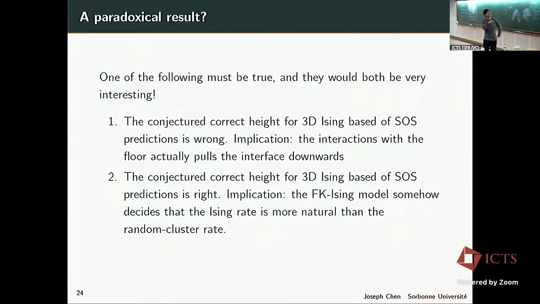I believe, personally, the first case is true, that this interaction term from the floor really pulls you down, simply because I don't see why this model should spontaneously pick out one of the 2 models as being more natural. But I can give you more details later, and I think there are substantial arguments for both. So it's really unclear. We're in disagreement on which we believe is true.